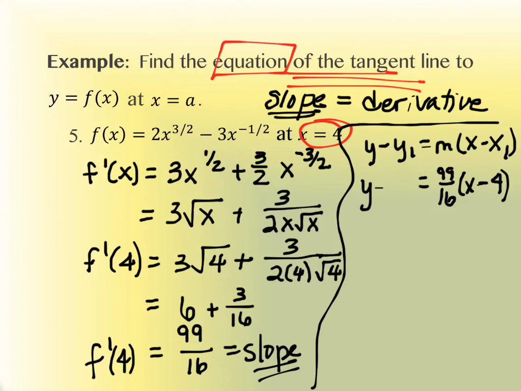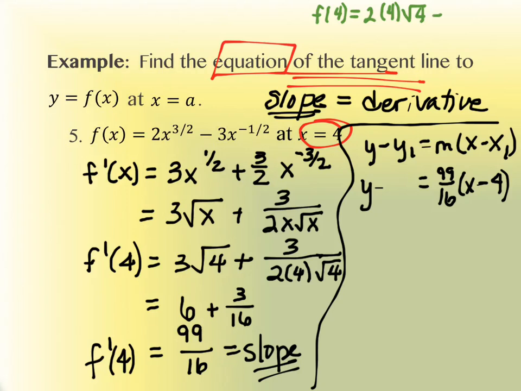Good. Plug in the 4, and then you plug it into the original equation, because the original equation actually gives ordered pairs on the curve, whatever the curve looks like. So let me take a moment up here. I've got f of 4, so this is 2 times 4 times the square root of 4, because that's what the 3/2 power means: I've got x and then another 1.5 x's, so a 4 and a square root of 4.